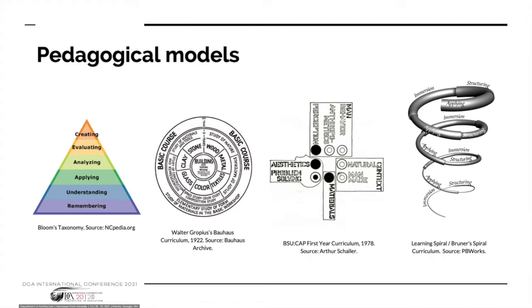Many of our thinking and our learning exercises are patterned off of a few of our pedagogical models, from Bloom's Verbs to Gropius's Bauhaus curriculum, to our early first-year curriculum authored by Arthur Shaler. And we've been building on some different learning and teaching theory, including Bruner's spiral curriculum, this idea of immersing, structuring, applying, immersing, structuring, applying, a series of exercises that students then build upon throughout the course of a semester or throughout the course of a year.